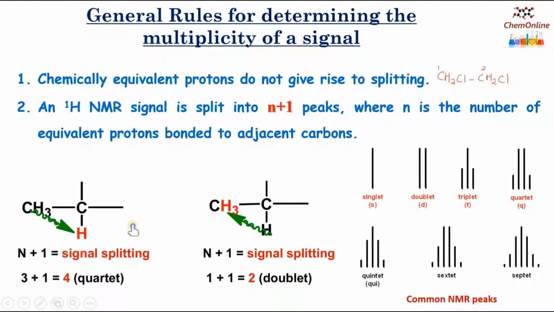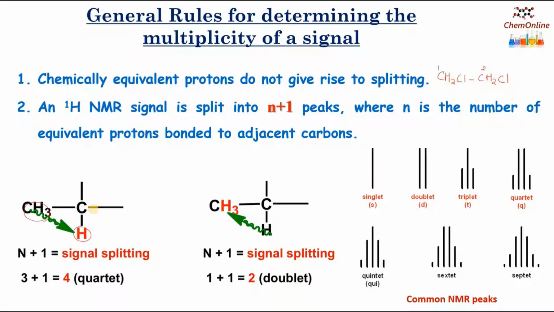Now let's see one example. Consider the splitting of the CH proton, that is the proton marked in red. If we are considering this proton, there will be spin-spin coupling between this proton and the protons on the adjacent carbon. So that means there will be interaction between the spins of CH3 protons and this CH proton. So what will be the number of lines in the NMR peak of CH proton?